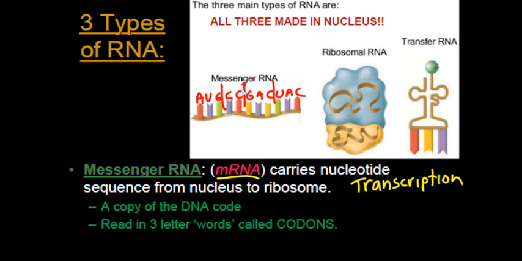So every three. So what we're going to find is AUG ends up being, later on, an amino acid called methionine. So we work off a three-letter sequence called codons.